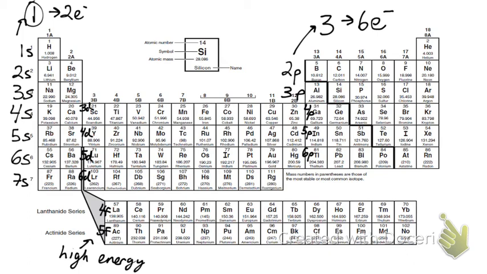For d orbitals, we have 5 types, which is 10 electrons. And for f orbitals, we have 7 types for 14 electrons. Now that you've labeled your table, we can practice using it to write some electron configurations.